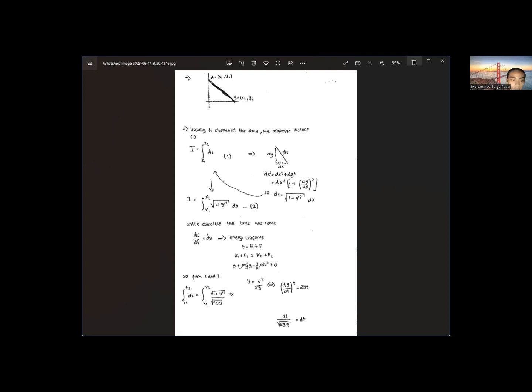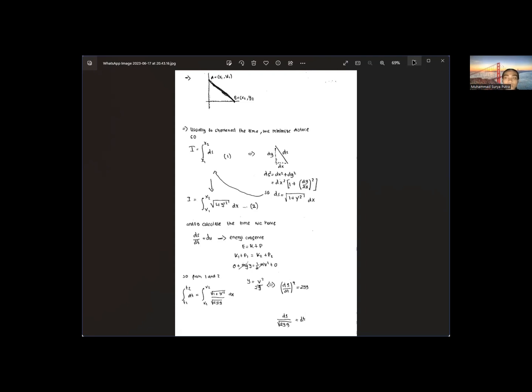I would say that e is 1 per the square root of 2 times the value of gravity.